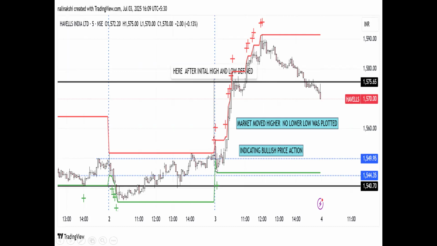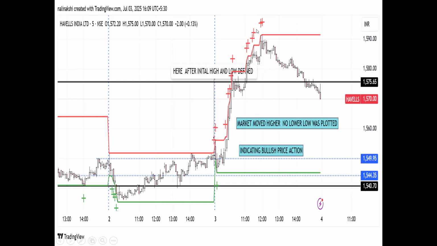So within two 5-minute candles, the low and high have been defined, and this stock started trading above this low, defending it because there was a bullish move from the previous day. And this low was held, that is 1544, and then on the range breakout, there was no looking back. You can see it has plotted continuous plus signs.